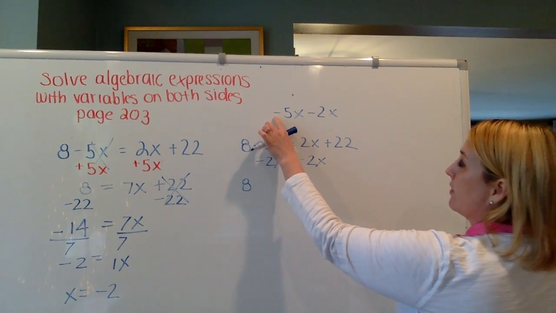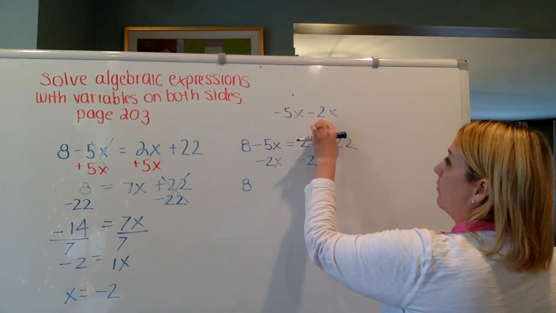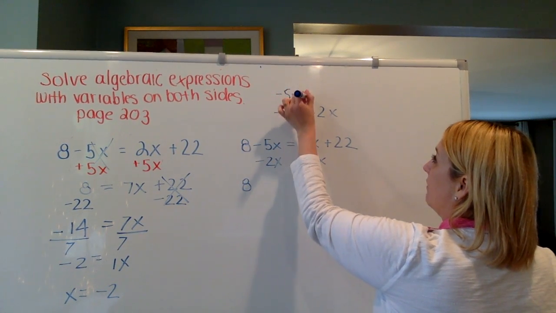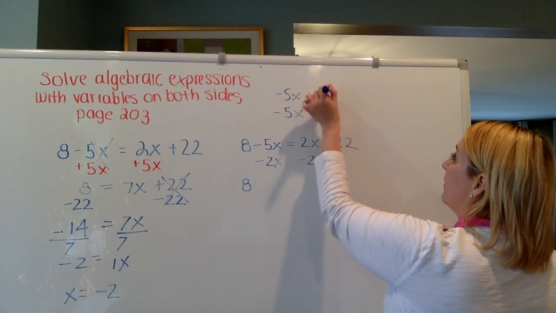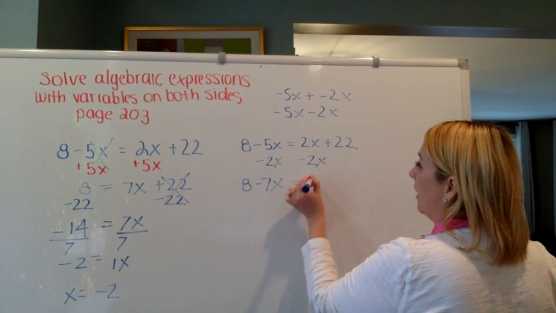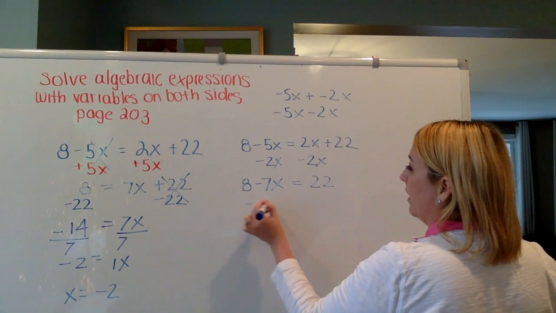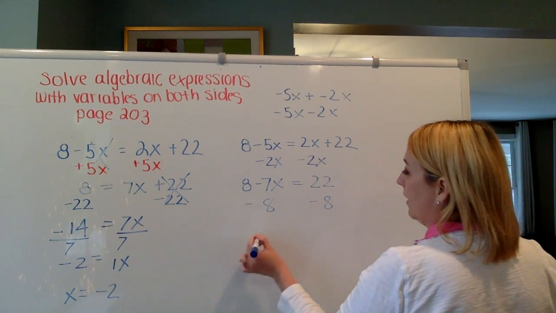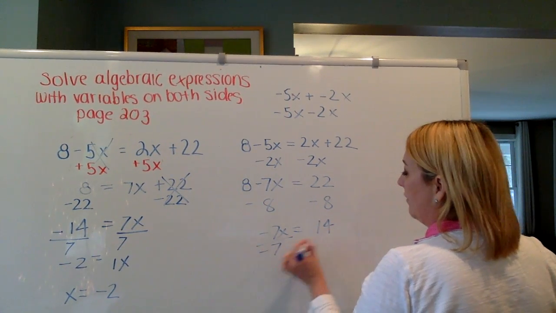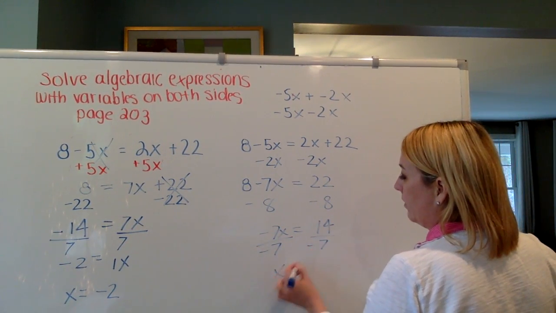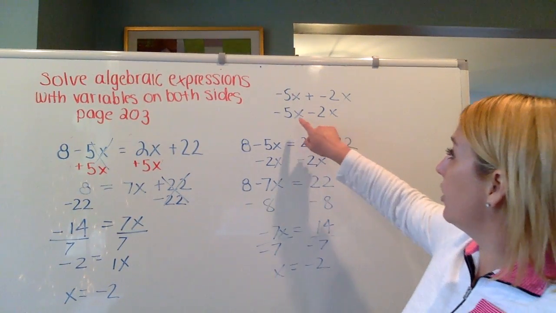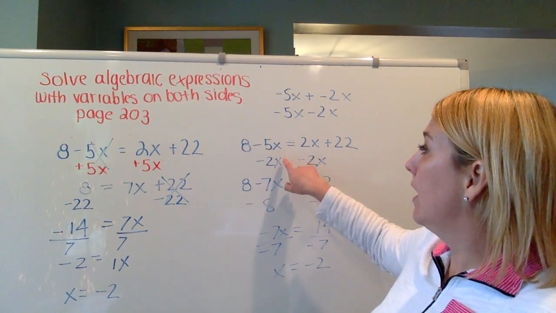All right, well, we have a negative subtracting with a positive. So in fact, we have to do negative 5x plus negative 2x to get negative 7x equals 22 minus 8, negative 7x equals 14. Negative 7x equals negative 2. So you get the same thing.